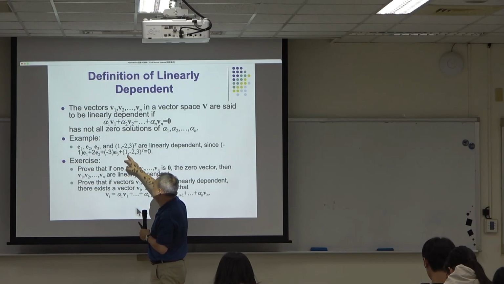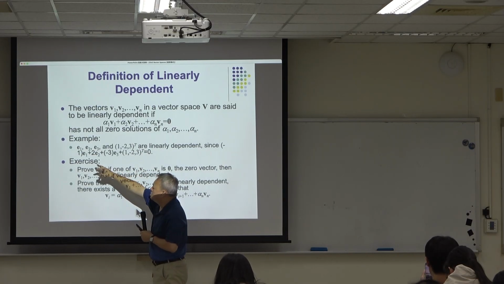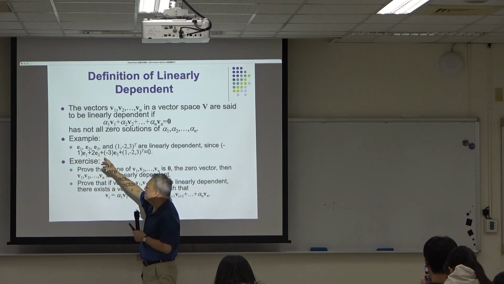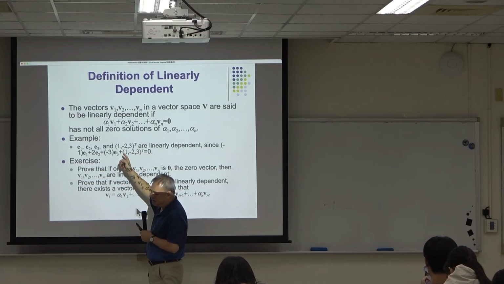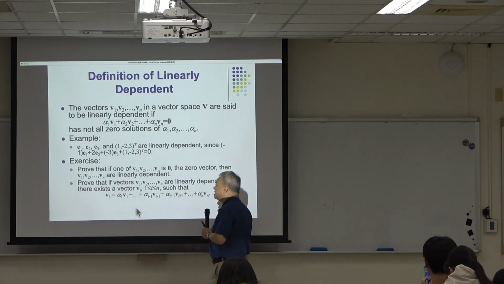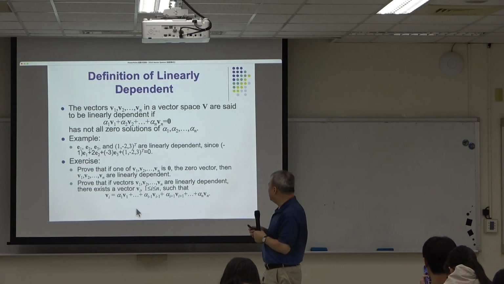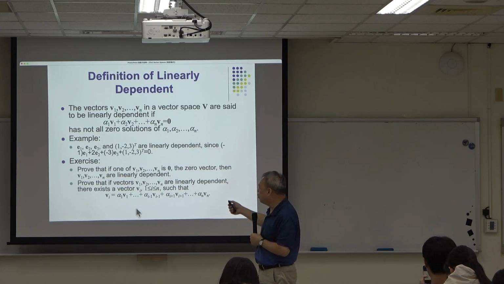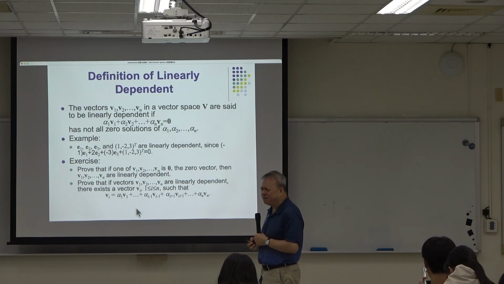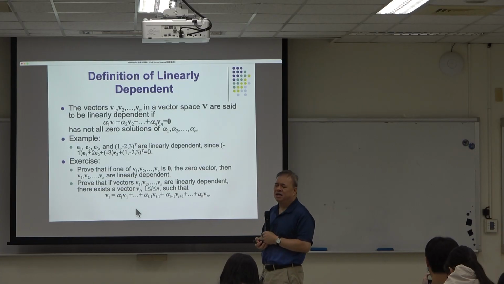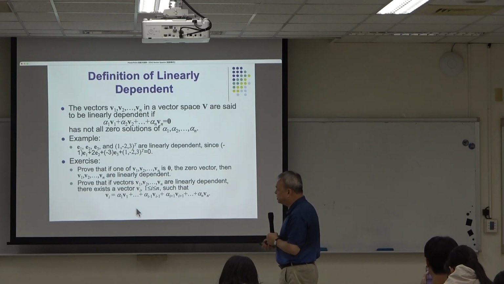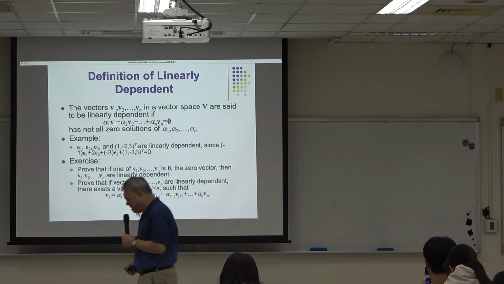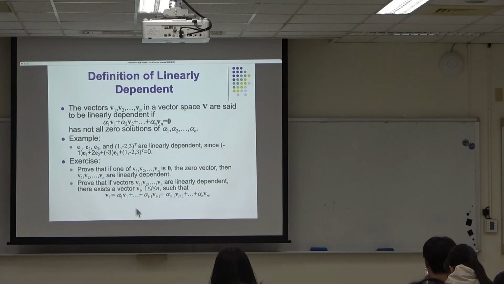Basically, you just cancel out every element. You just make sure that the unit vectors cancel out the corresponding elements. And you can see that this assignment of negative 1, 2, negative 3, and 1, this alpha i assignment, obviously are not zeros. So this is an example that these vectors are linearly dependent.